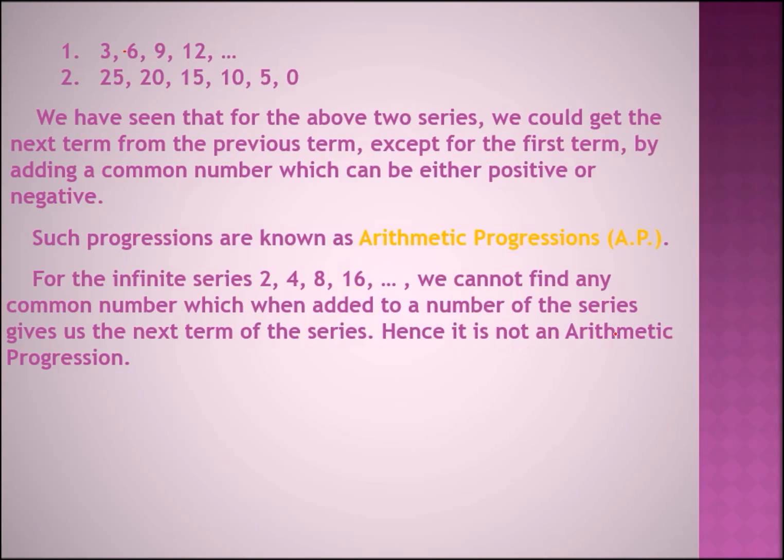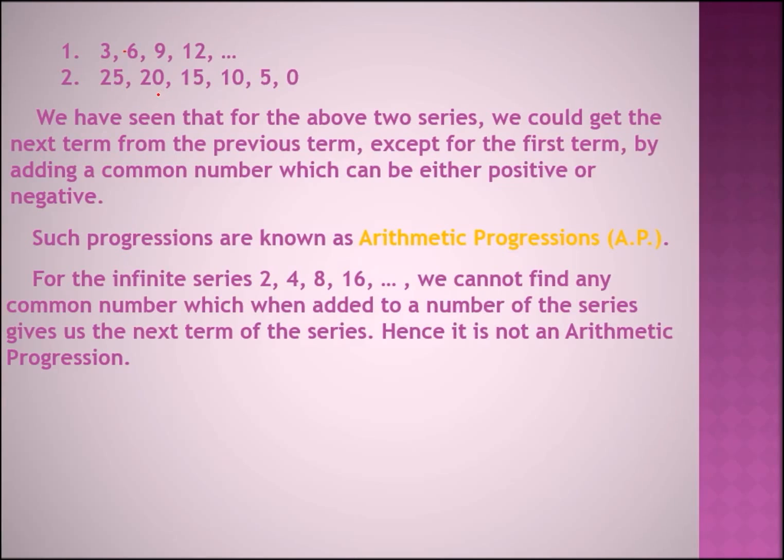So this is not an example of arithmetic progression. For an arithmetic progression, there should be a common number which can be either positive or negative, which will be added to the previous term to get the next term.